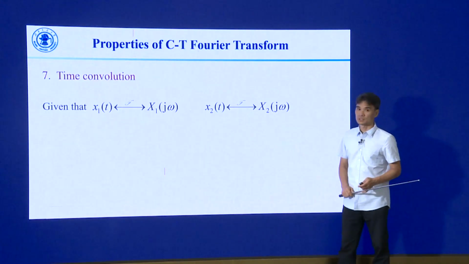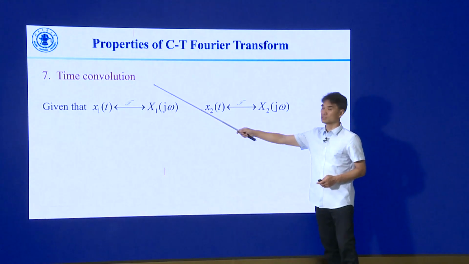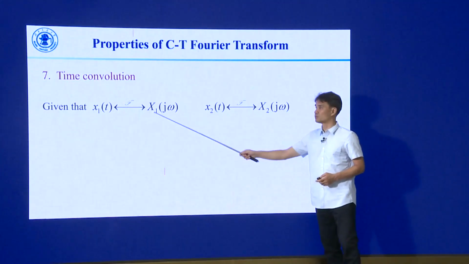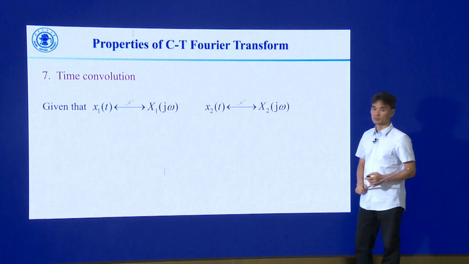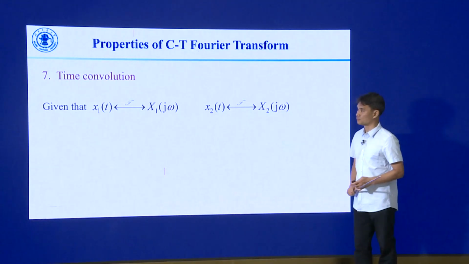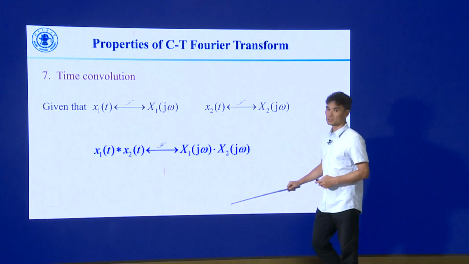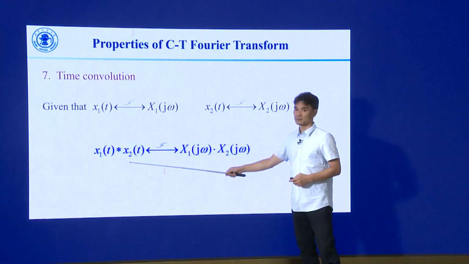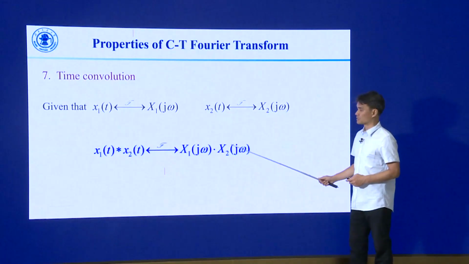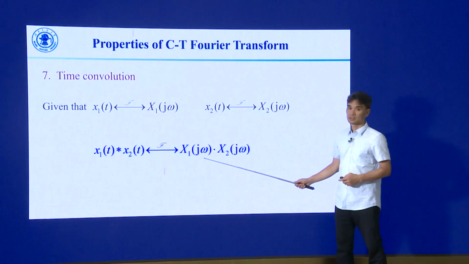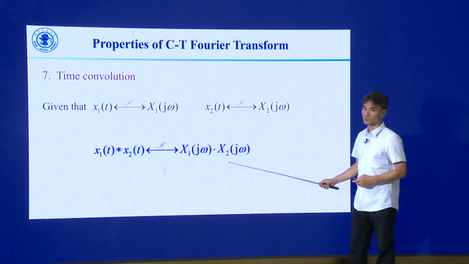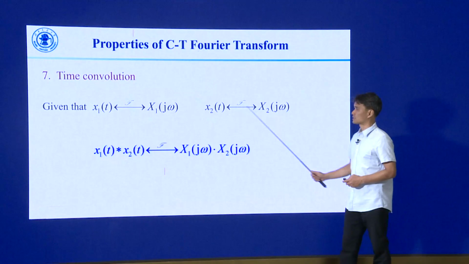The next one is time convolution. Given that we have two pairs of Fourier transform, if we do the convolution in the time domain, then in the frequency domain, the corresponding spectrum will be equal to the spectra in product.